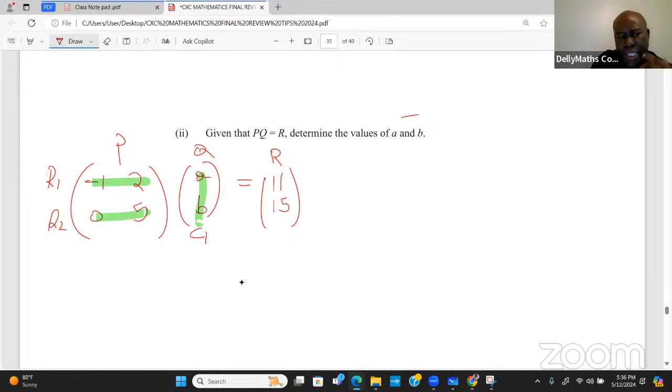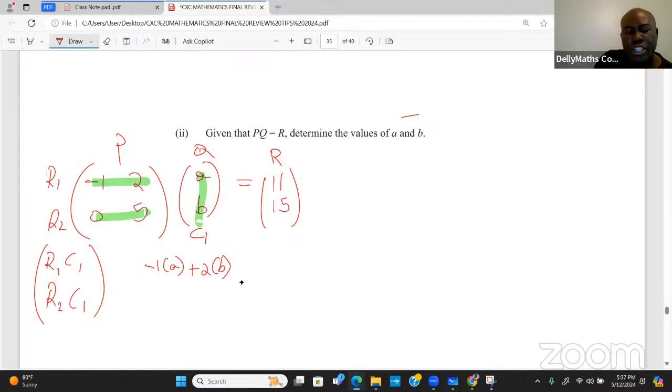So I'm going to get row 1 times column 1, and then row 2 times column 1. So it's going to be -1 times A plus 2 times B for row 1, column 1. Then row 2, column 1: 0 times A plus 5 times B. This is equal to [11; 15].